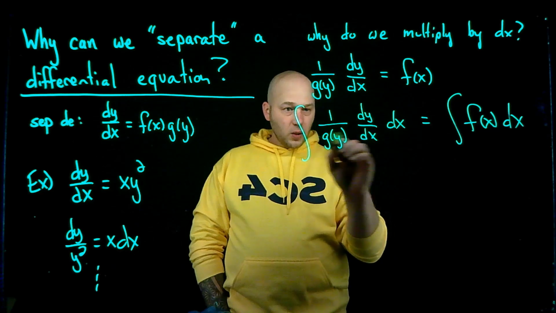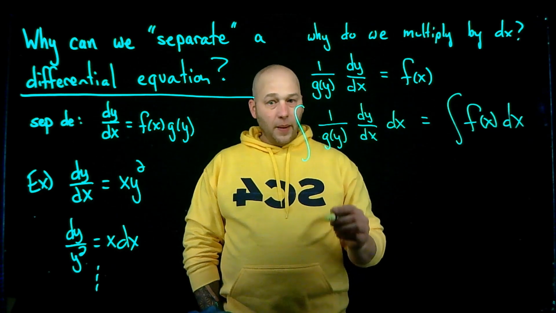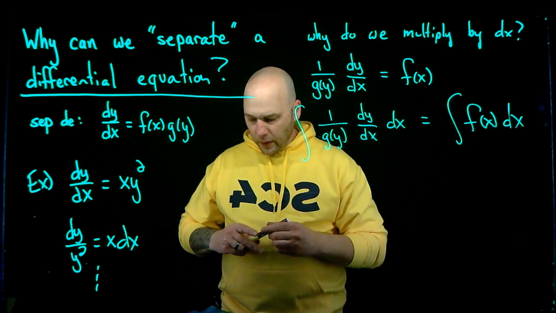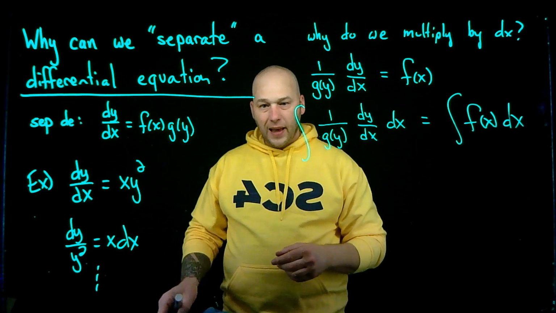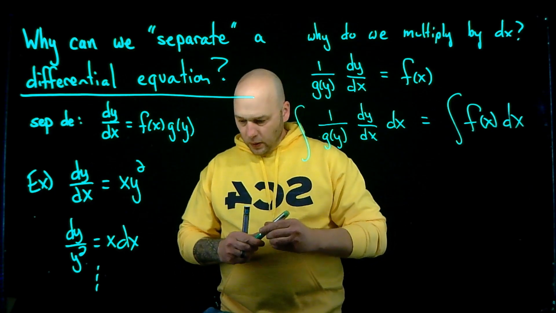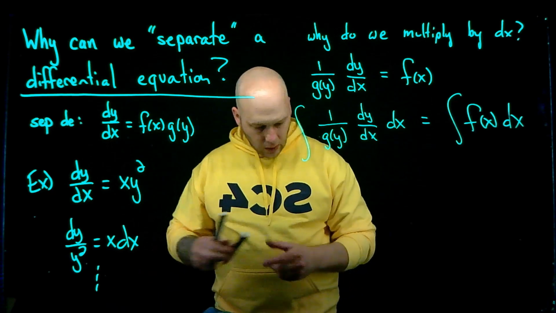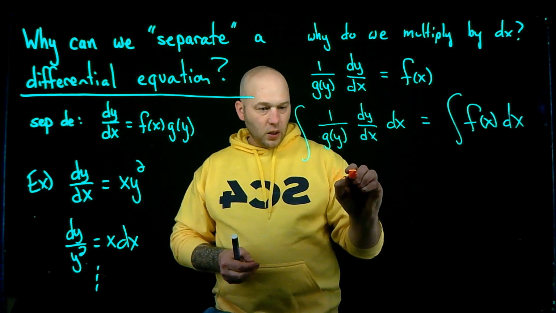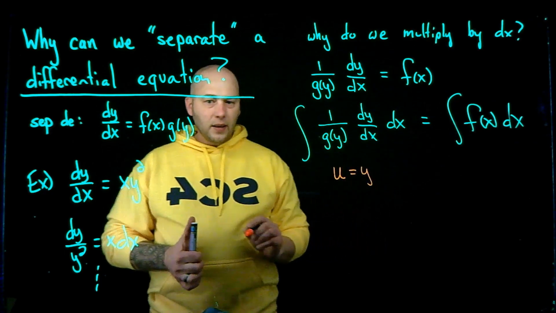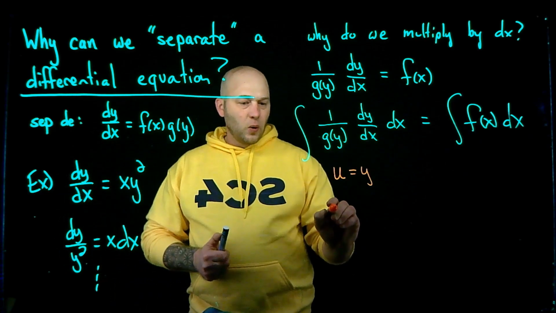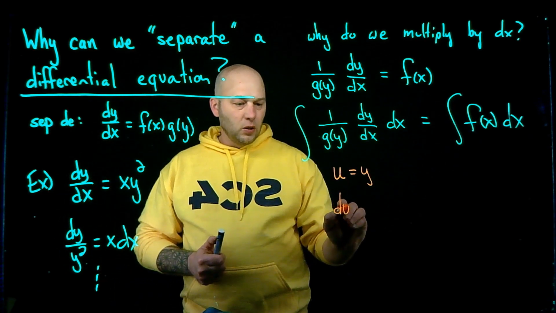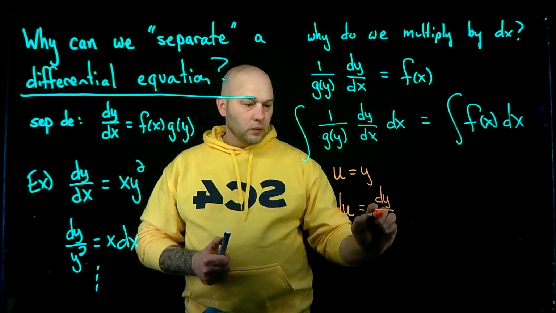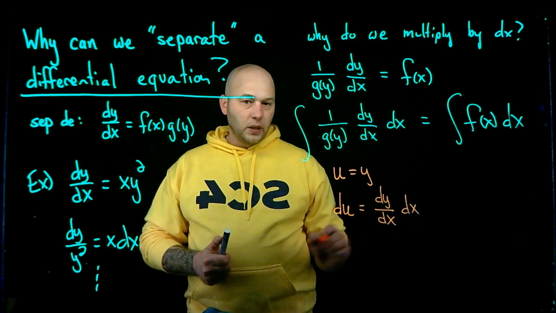Now, within this equation, here's what I'm going to do. I'm going to do a change of variables, in other words, a u substitution. Remember that y is a function of x. So let's say u is equal to y. And remember, y is a function of x. So when I take the differential du, I get dy dx dx.